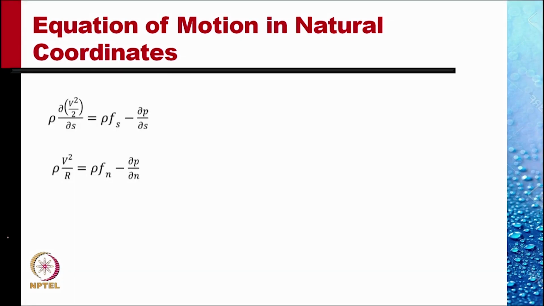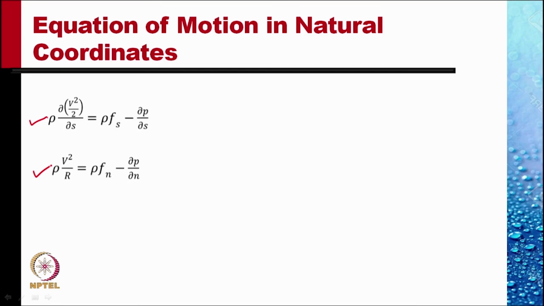Now, the two equations can be written like this. This is the equation along the streamline: rho times the acceleration along the streamwise direction is equal to the body force in the streamwise direction minus the pressure gradient in the streamwise direction. And rho times the normal acceleration is equal to the body force in the normal direction minus del P by del N, the pressure gradient in the normal direction.